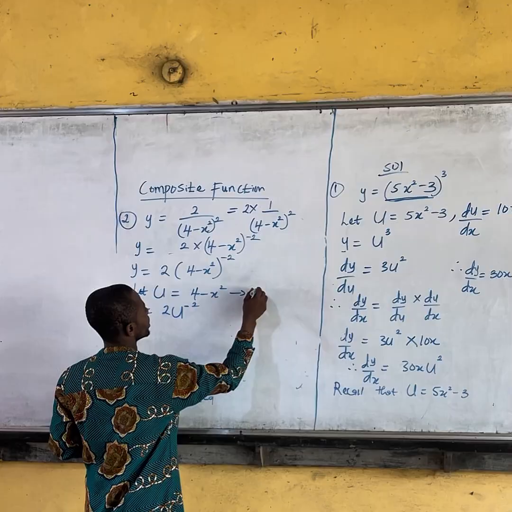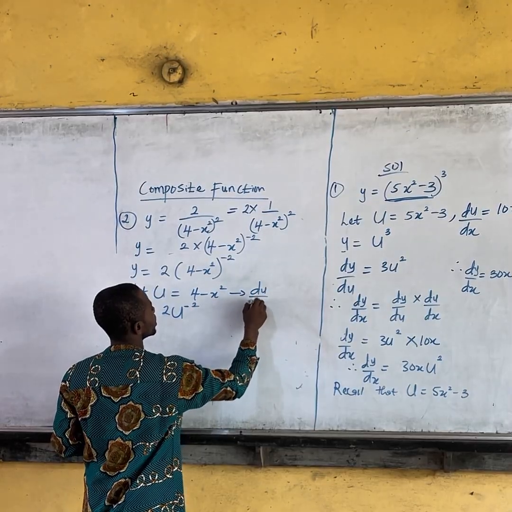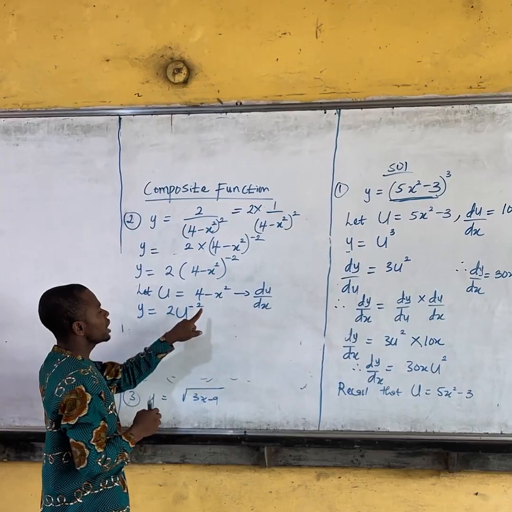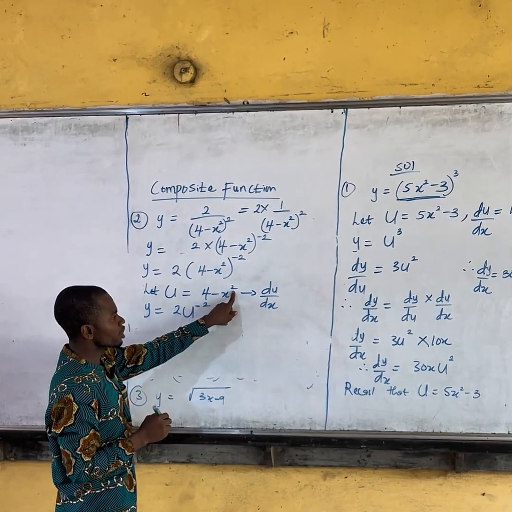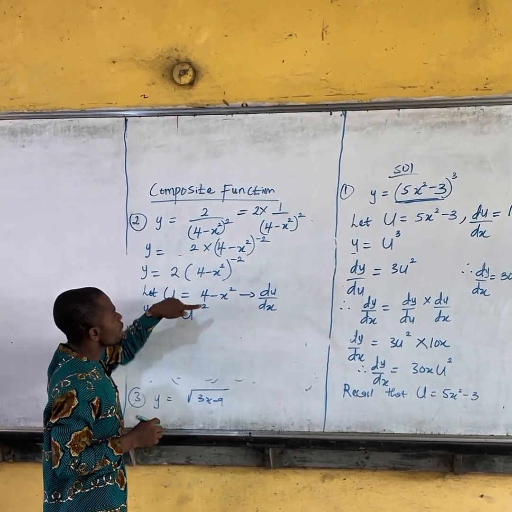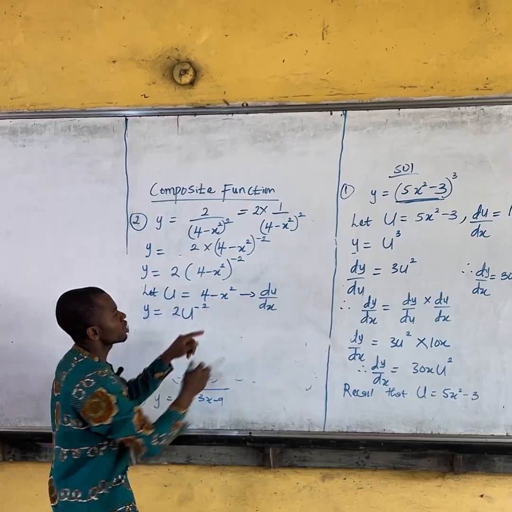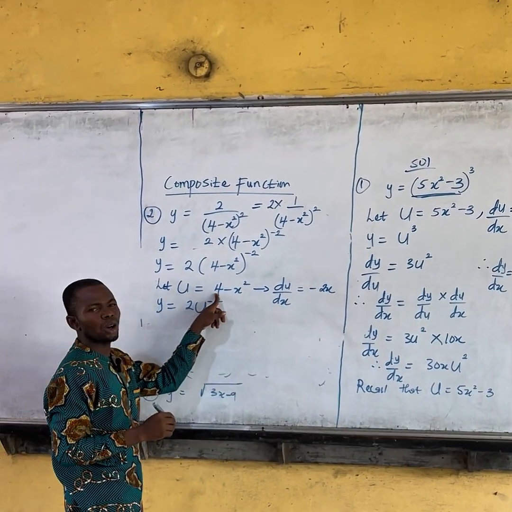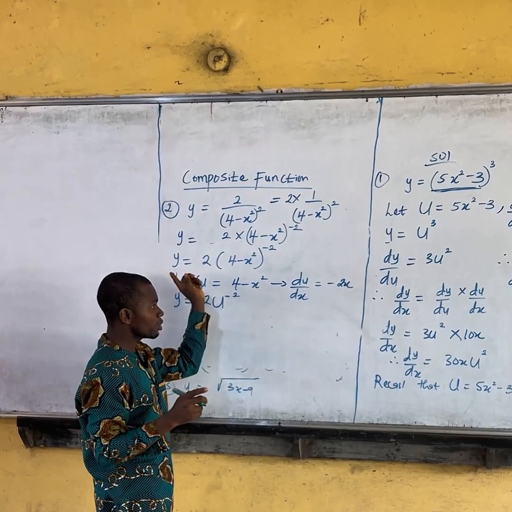From this u, I can generate du over dx. It means differentiating u with respect to x. If I differentiate x squared, it will give me 2x, but because of the negative at the front, it will give me minus 2x. Don't forget, the differential of a constant is 0. So this 4 becomes 0.